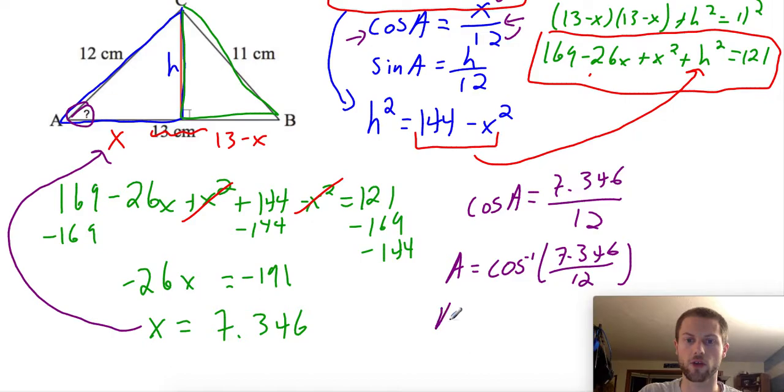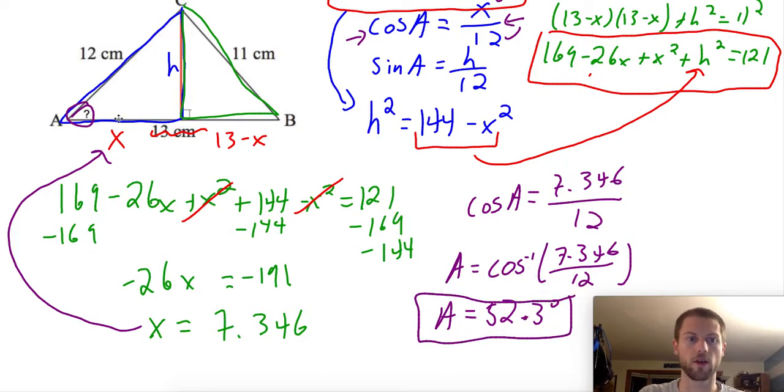Punch that into my calculator, and A is equal to 52.3 degrees. Woof. That is quite a bit. I know this angle, and really we could find angle B, we could find angle C. Now we can use the law of sines, because we've got one angle and all these opposing sides, and that should be enough. I'm going to stop there because I think we've exhausted that.